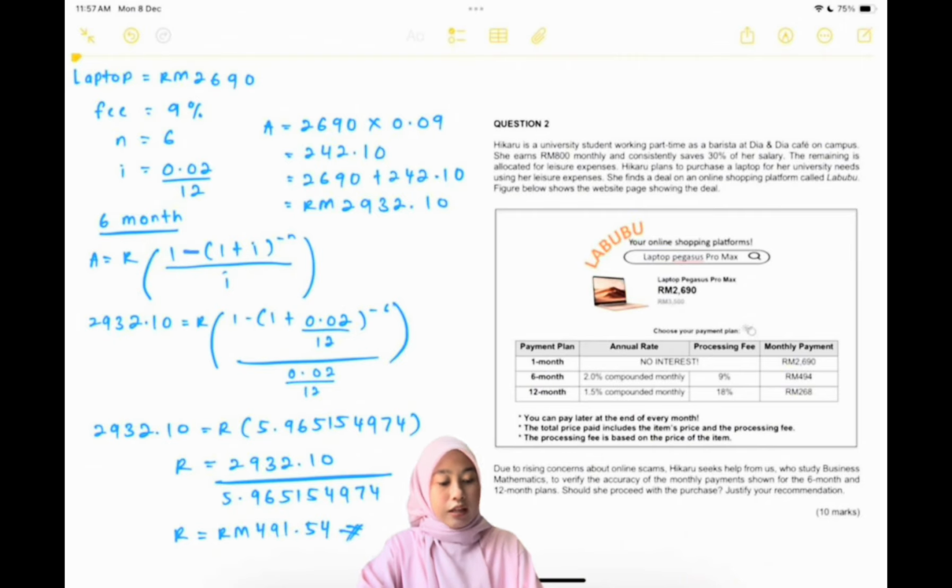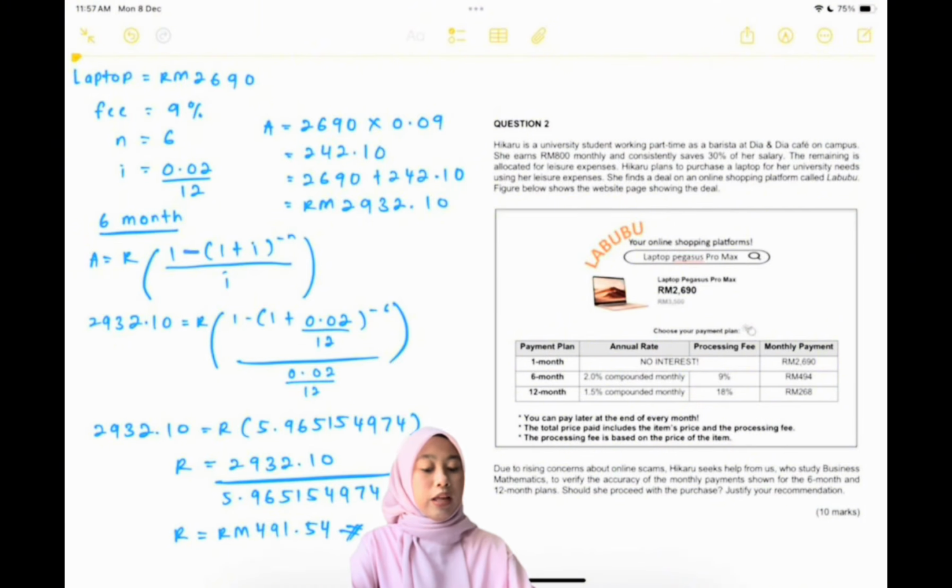We need to find A. A equals 2,690 multiplied by 0.09, and the answer will be added to the original price of the laptop. And we get 2,932.10. After that, we need to write a formula and substitute into the formula. 2,932.10 equals R bracket 1 minus bracket 1 plus 0.02 over 12 power negative 6, and the answer is RM491.54.